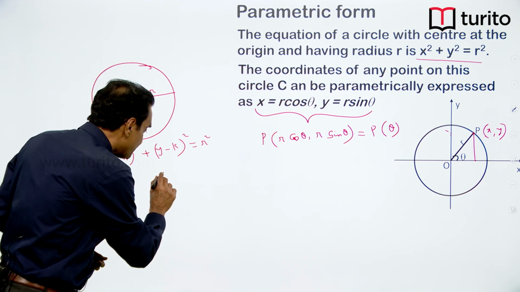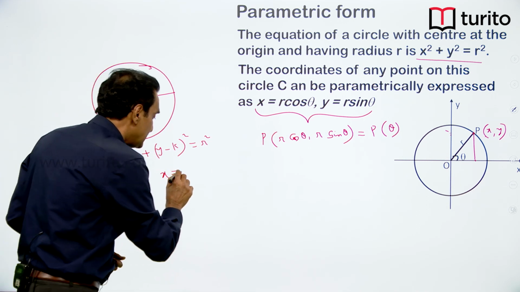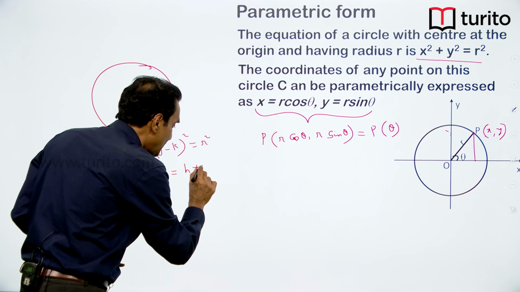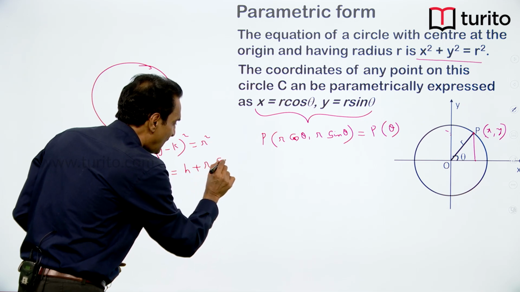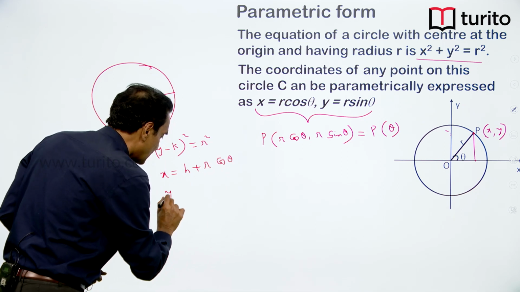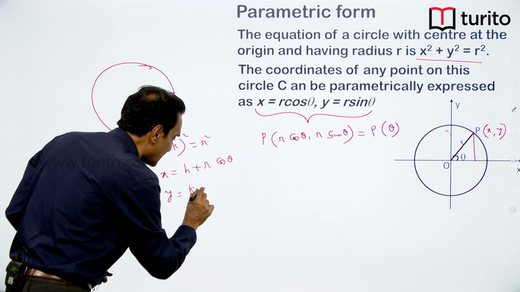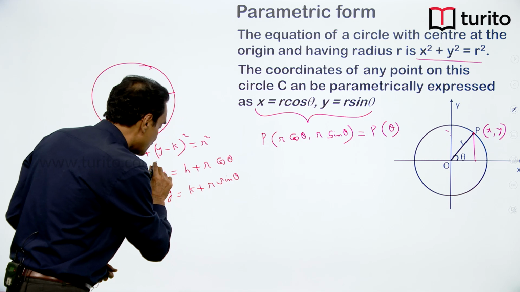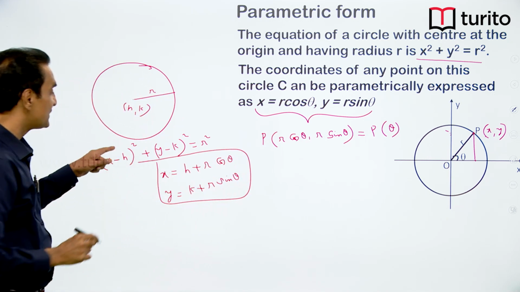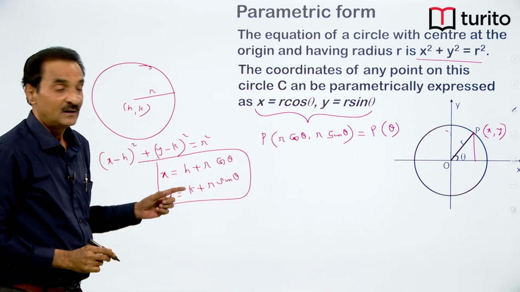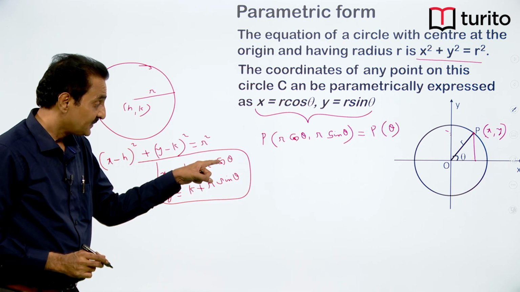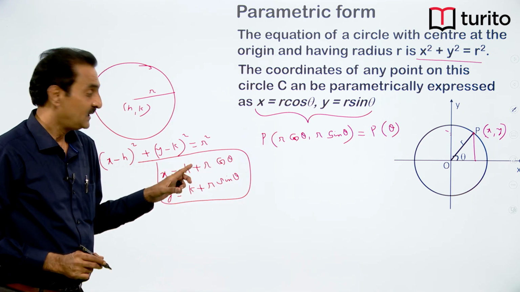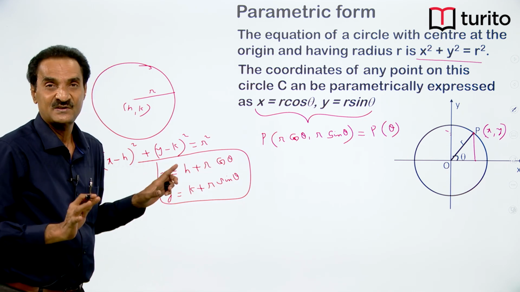Then we get x is equal to h plus r cos theta and y is equal to k plus r sin theta. So these two are the parametric equations of this circle. Here remember that theta is parameter here, h, k, r are fixed.